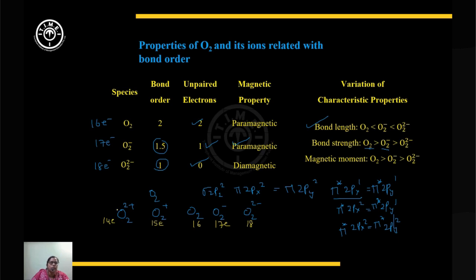In the case of O2 2 plus, the bond order will be 3. Here the bond order is 2.5. This is 2, this is 1.5, and this is 1.0.